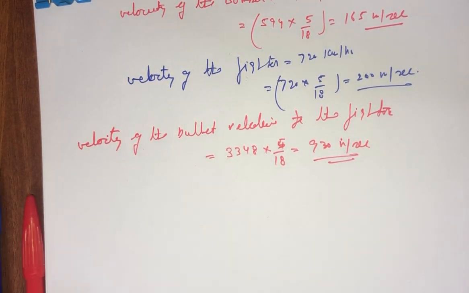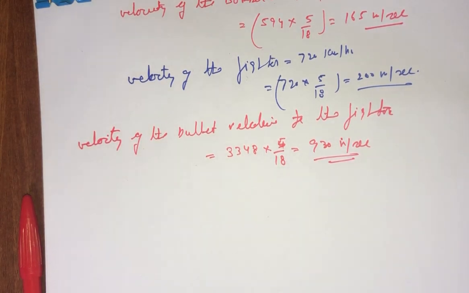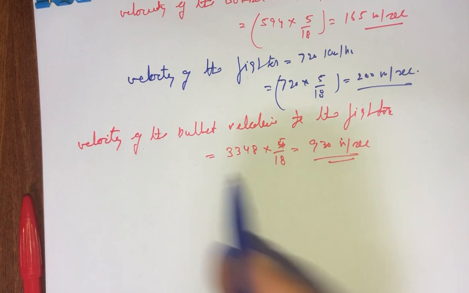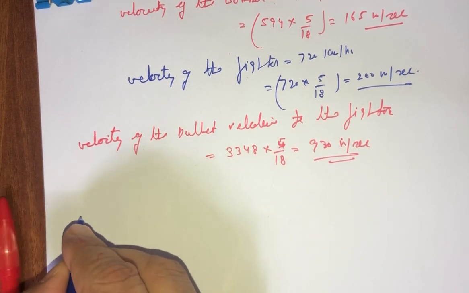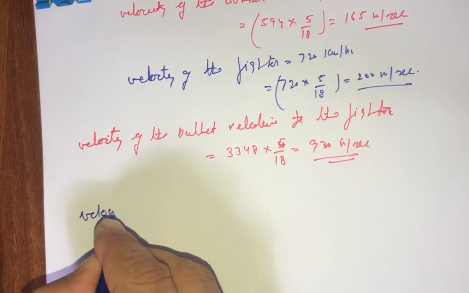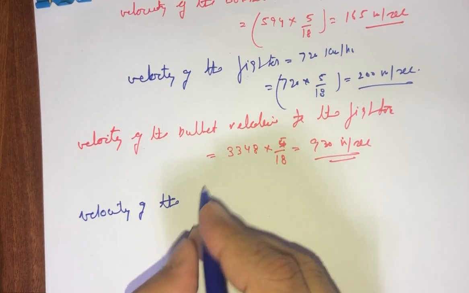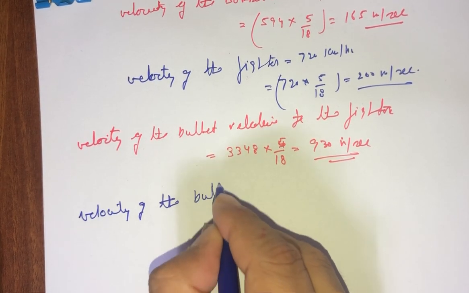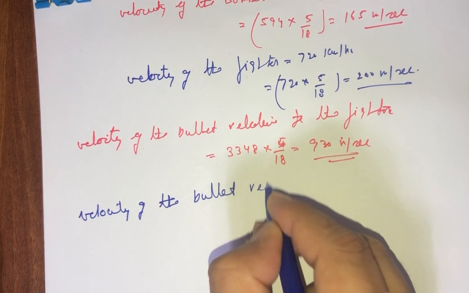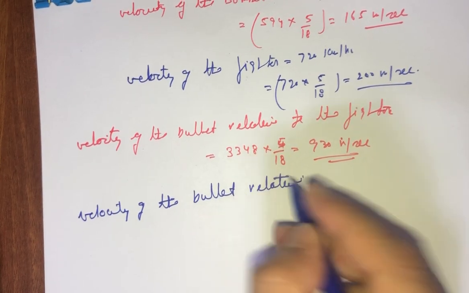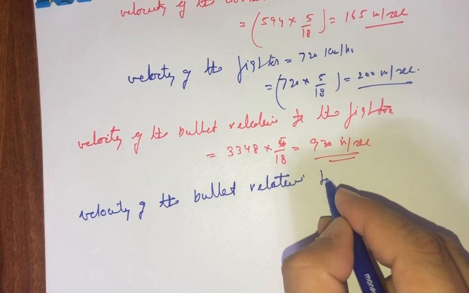Next we find out the velocity of the bullet relative to the bomber.